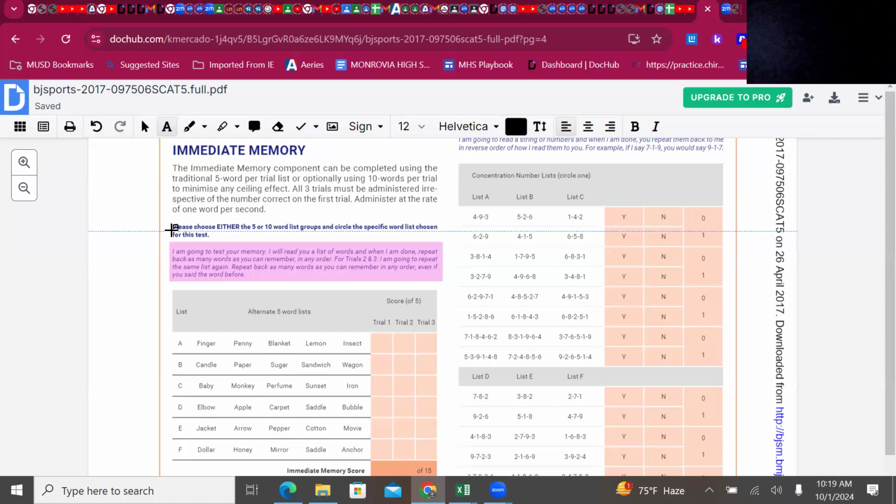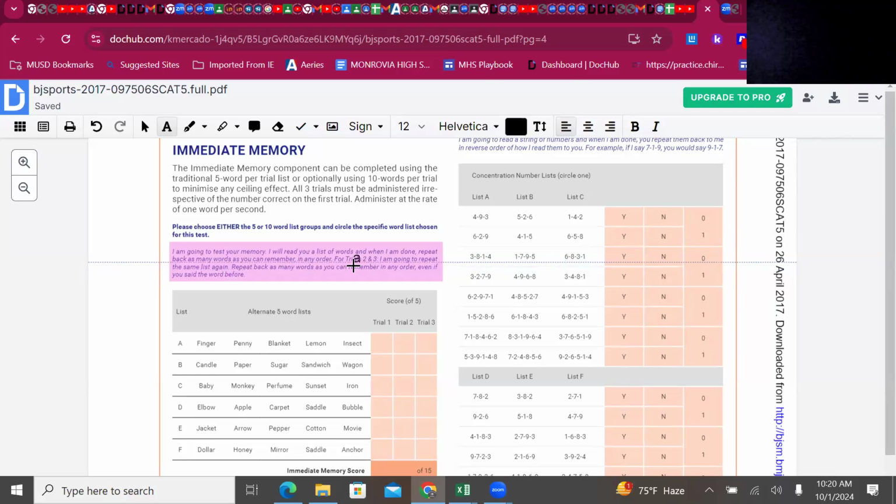So your directions for your partner or athlete, when it really does happen and you really do need to ask the questions, are these. I'm going to test your memory. I'll read you a list of words, and when I'm done, repeat back as many words as you can remember in any order. For trials 2 and 3, I'm going to repeat the same list again.